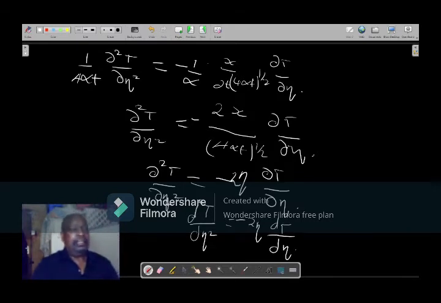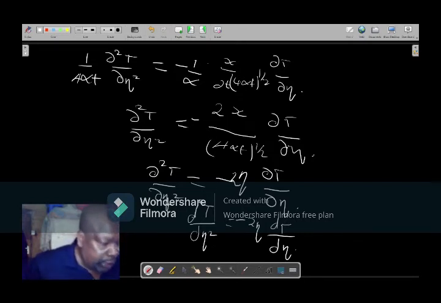So that is our resulting differential equation, second order, and as you can see, it has only one variable, that is T is varying with only eta, and that makes it solvable using the usual tools we have for solving differential equations.